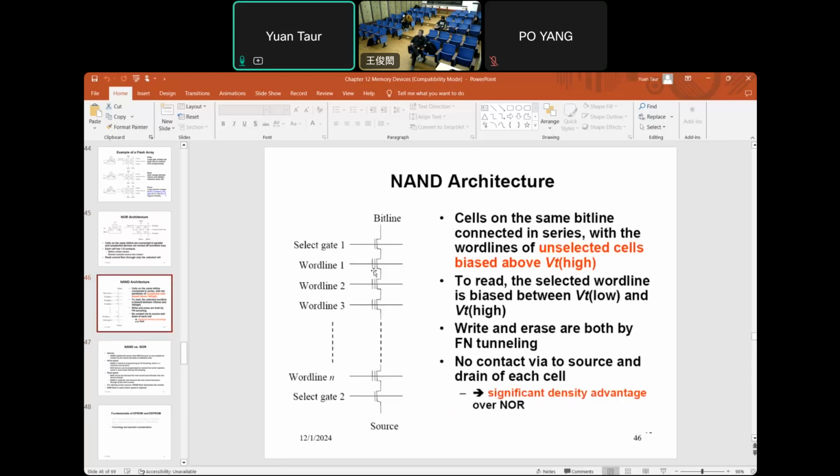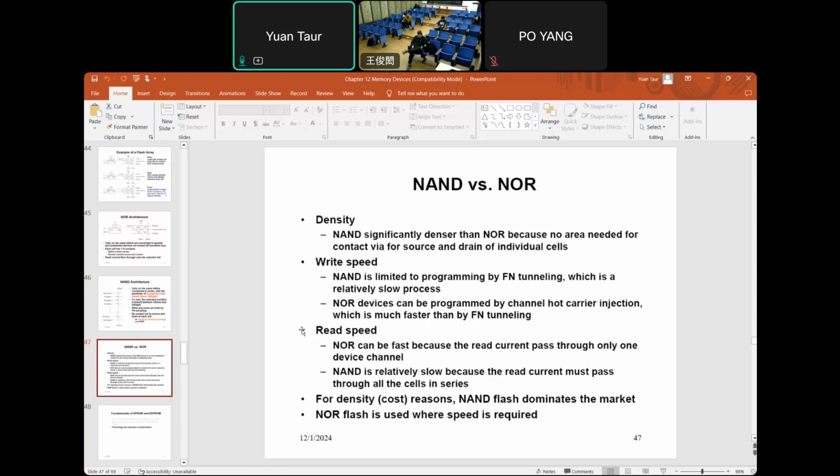The speed of NAND is not as good as NOR because the current has to go through a lot of other devices, so the read current becomes smaller due to the series resistance of the other unselected cells. So for high density, we use NAND. For high performance, we use NOR.